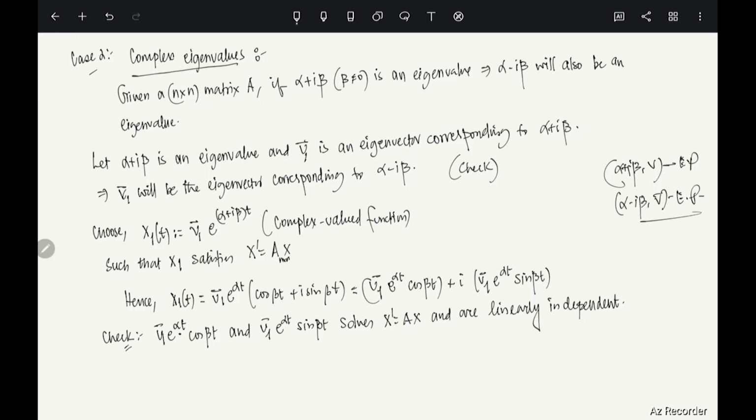Once you check this part, we have this theorem. Theorem: let A be an n cross n real constant matrix.